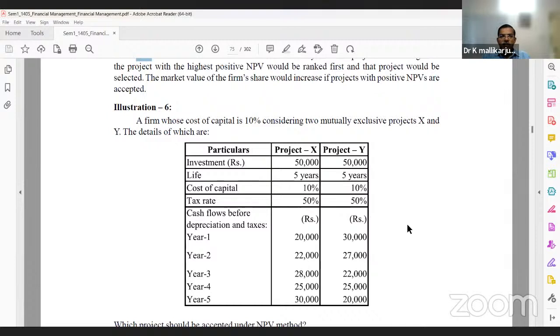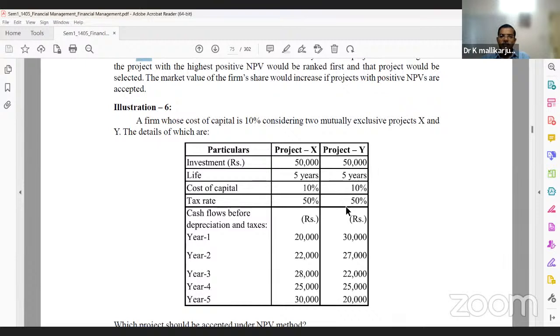So this is the one problem. A firm whose cost of capital is 10% is considering two mutually exclusive projects, X and Y, the details of which are under particulars. Project X investment is the same, 50,000. The life of the project is 5 years. The cost is also the same.